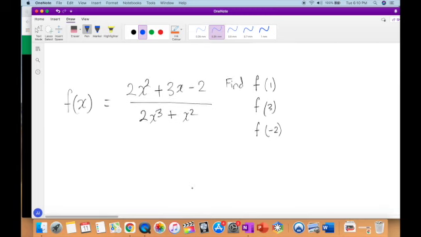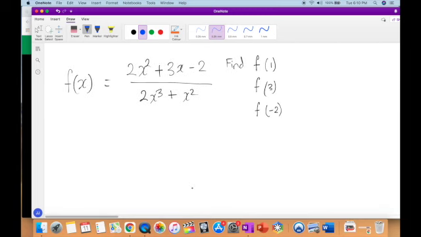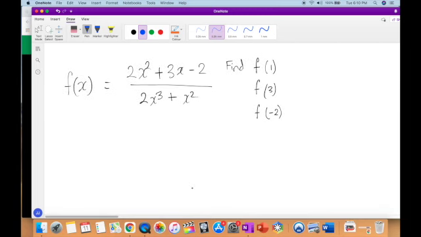Now we have a question here, and I'm sorry that it is so scrappily written. Let me just see if I can rewrite it a little better.